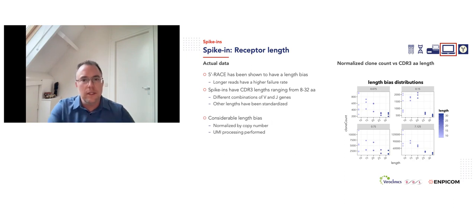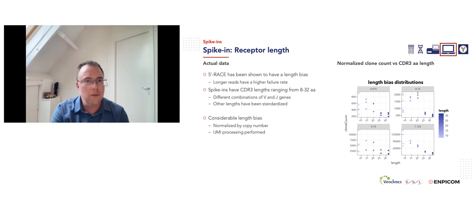If we now look at the length spike-ins, we see that indeed we see a length bias, and we have quite a large range of this, and it's a little bit more variable than the amounts spike-ins that I showed. But you very clearly see that if you look at the clone counts, those for the larger CDR3 lengths are quite a bit lower than those for the shorter CDR3 lengths.